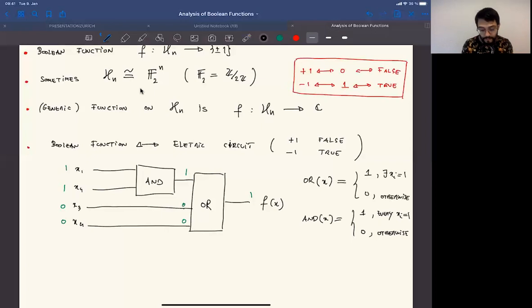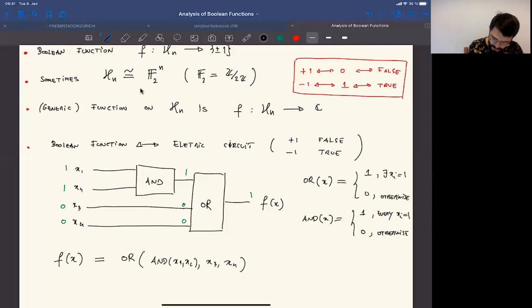So in that way, you can create a Boolean function, and you can show that any Boolean function can be created in such a way. And so the function we wrote here is the OR of the AND of x1, x2, and the AND of x3, x4. That's the function we wrote in this example.